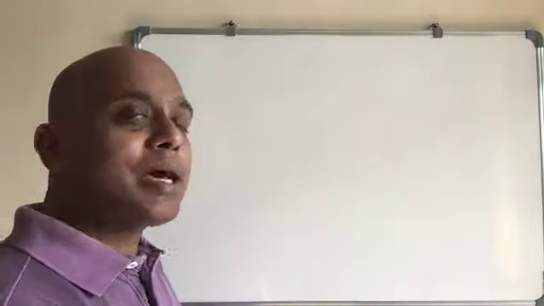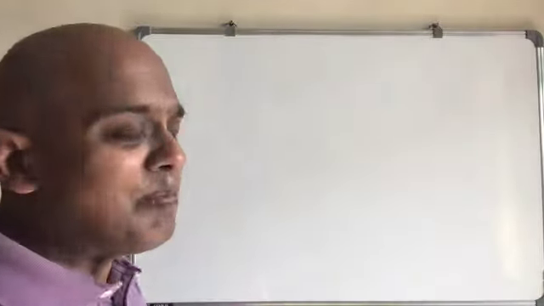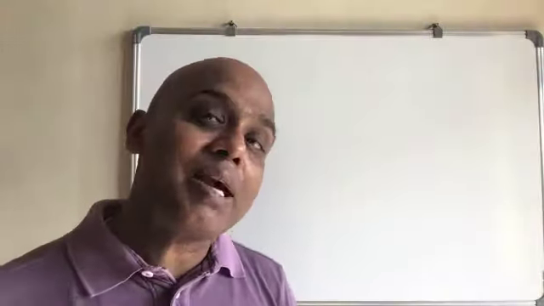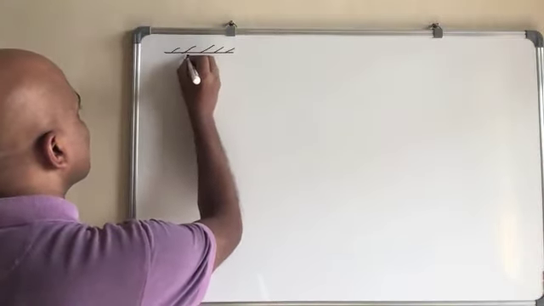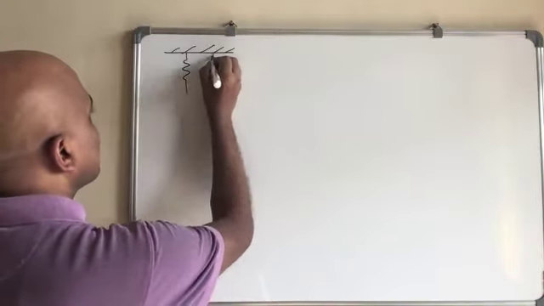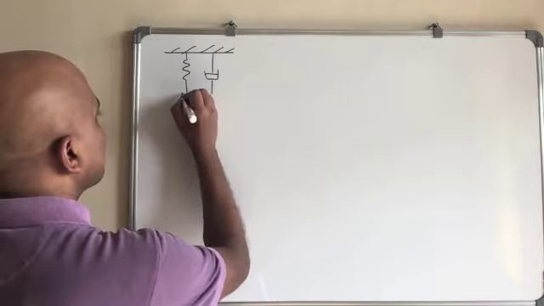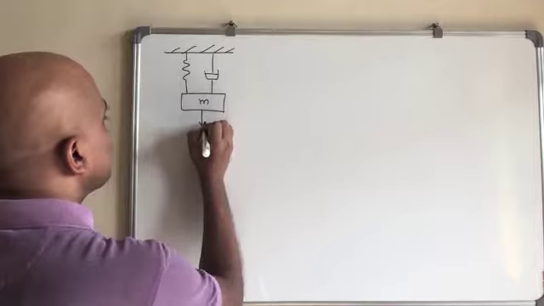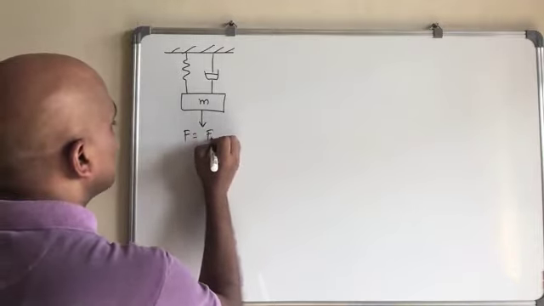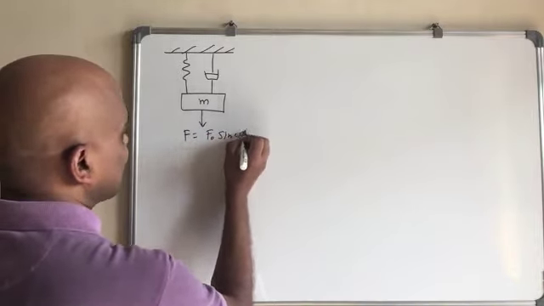Whatever you have studied so far, you may probably see a little bit differently. For example, here we have drawn a spring and damper like this, and then we say there is a force here, F equal to F naught sine omega t.